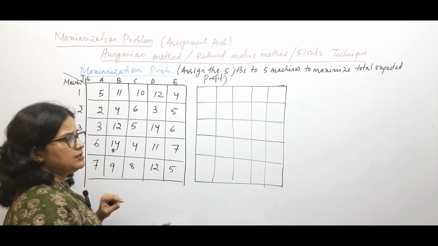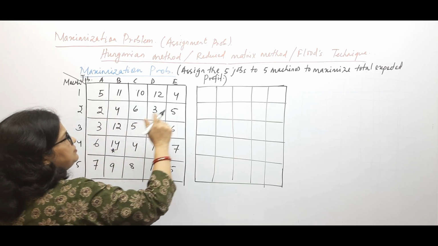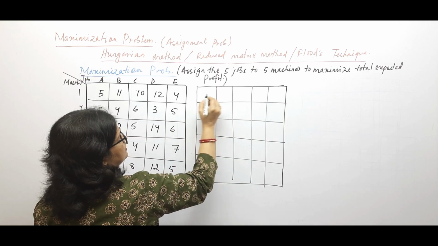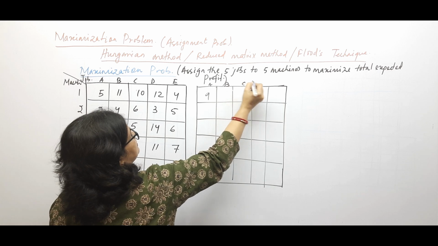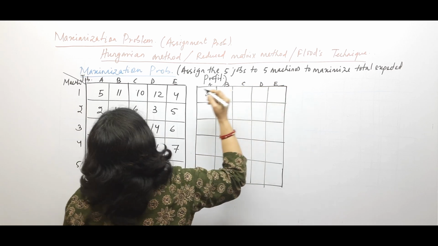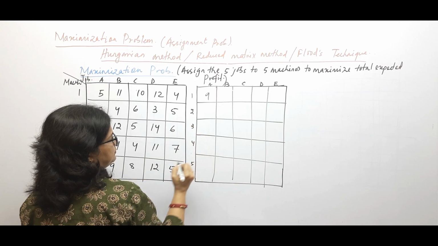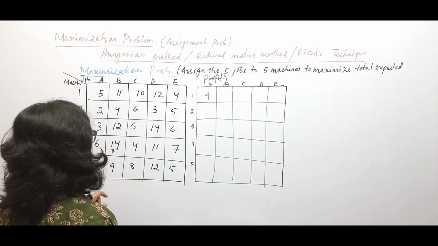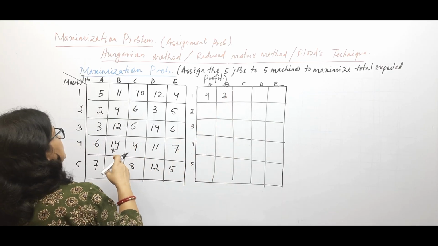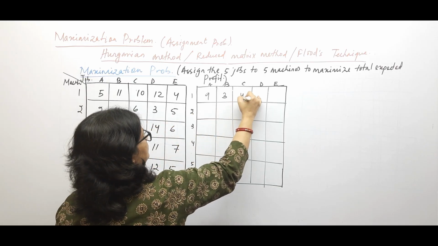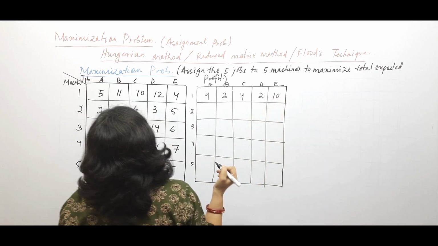The highest element of this matrix is 14. So 14 minus 5, we can write here 9. The rows are A, B, C, D, E, and the columns are 1, 2, 3, 4 and 5. Then 14 minus 11 is 3. Then 14 minus 10 is 4, then 2, 10.